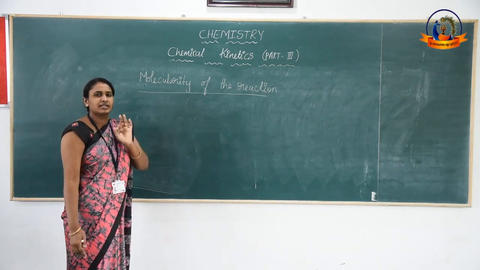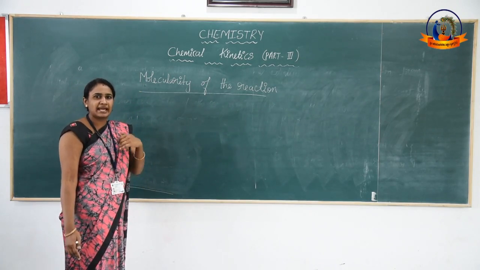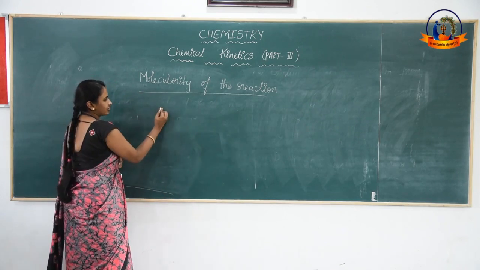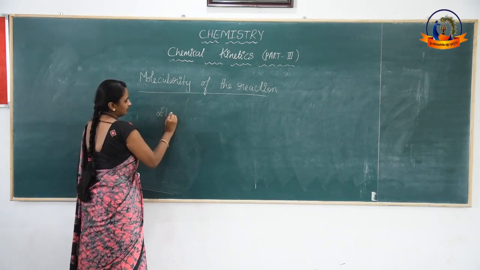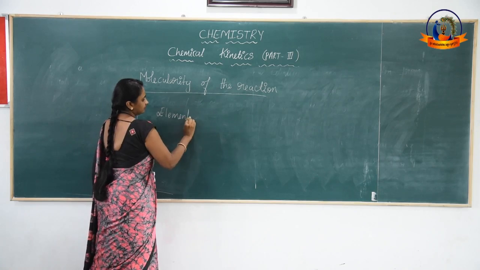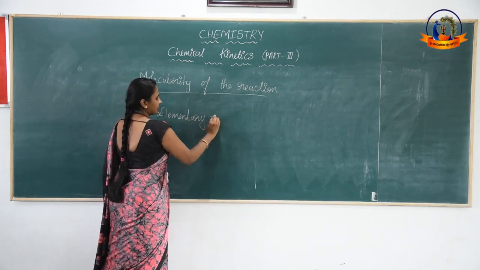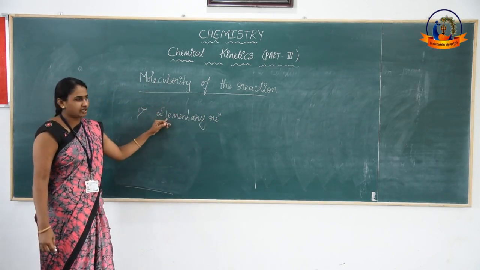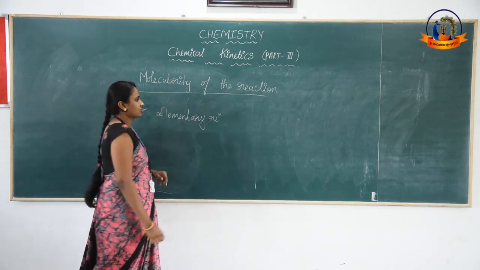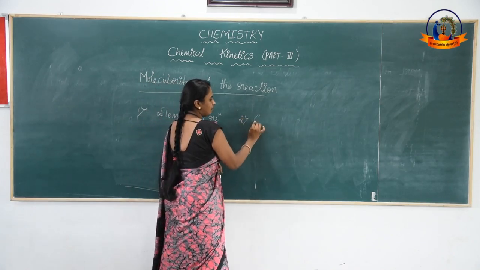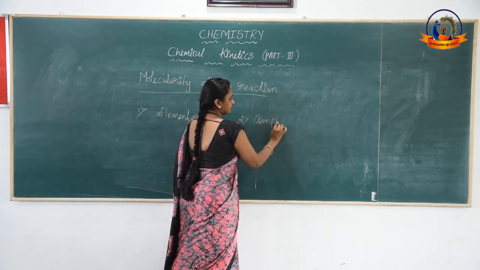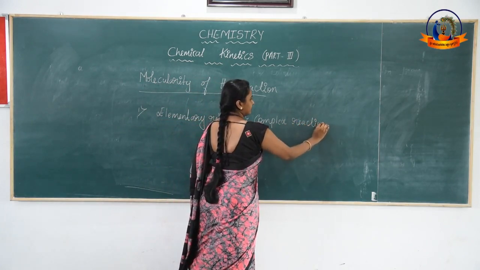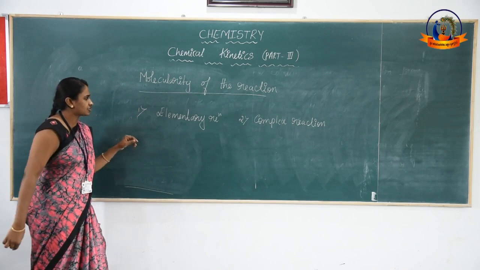In chemical kinetics, based on the mechanism, reactions are classified into two types. First one is elementary reaction, and the second one is complex reaction.